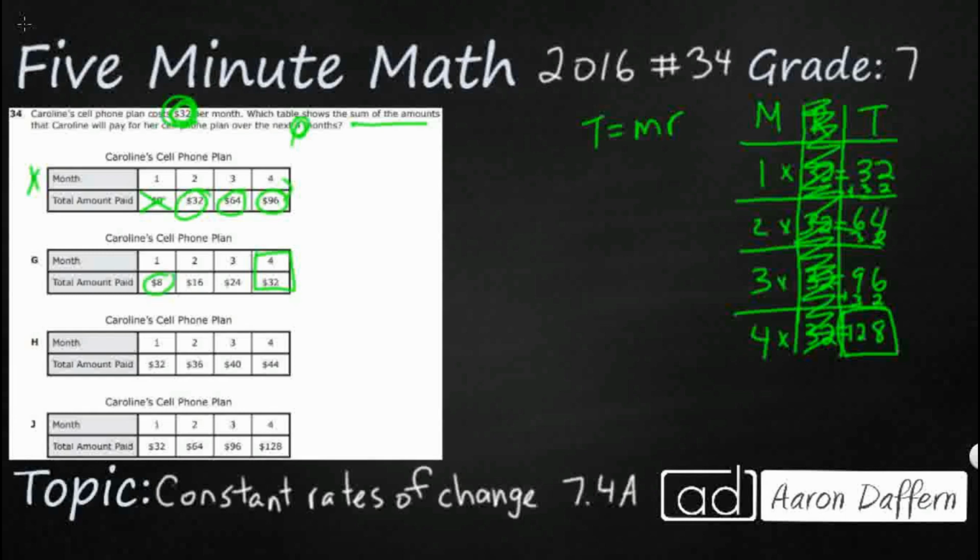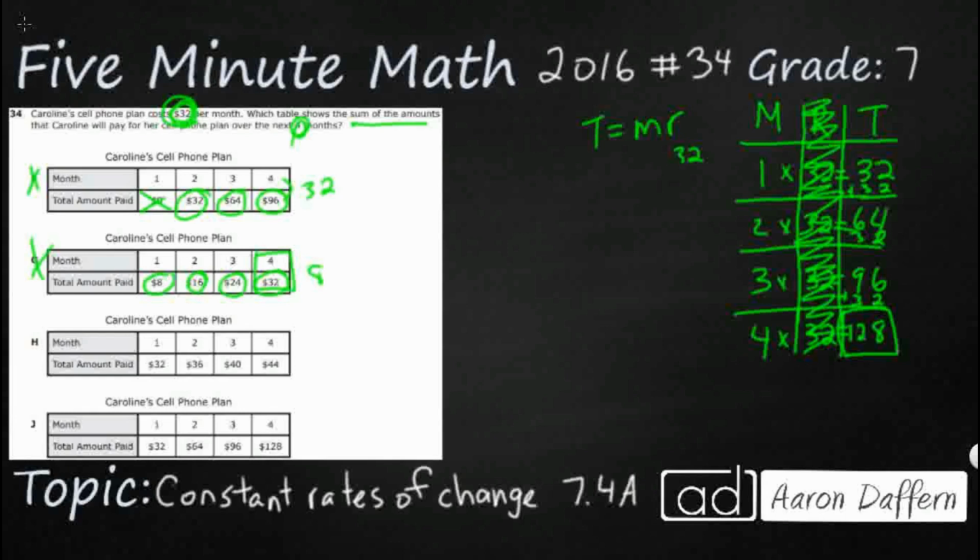They took that 32, divided it by 4 to get down to $8 a month, and then they just added $8 until we got up to a total of 32. But it's $32 a month, not $32 total for 4 months. Our rate was $32 a month, their rate was 8. They started at the wrong spot, so we're getting closer, but G's not it.